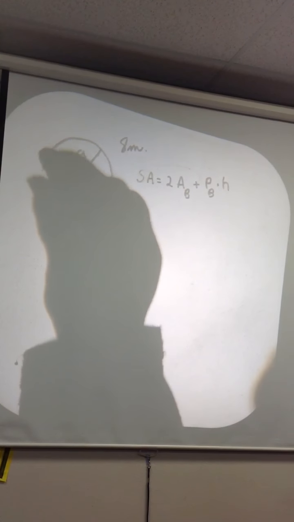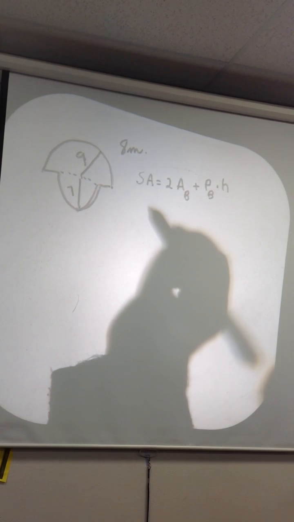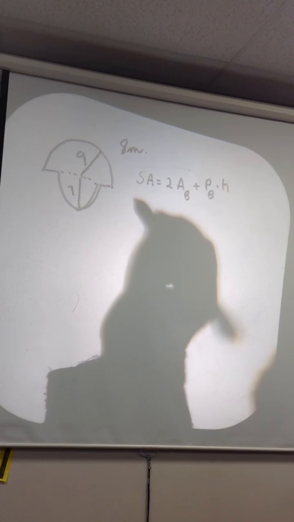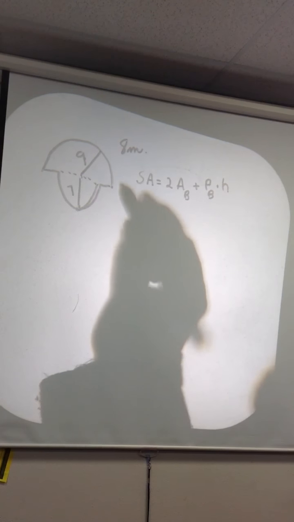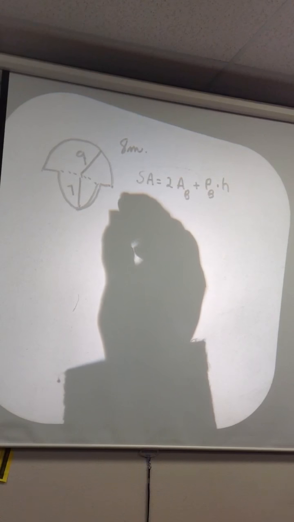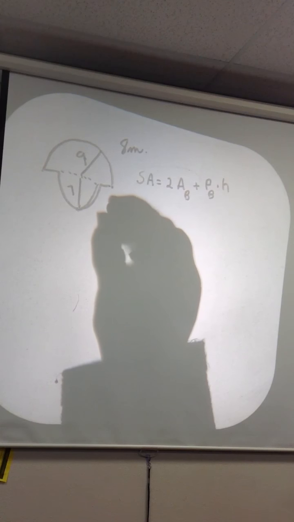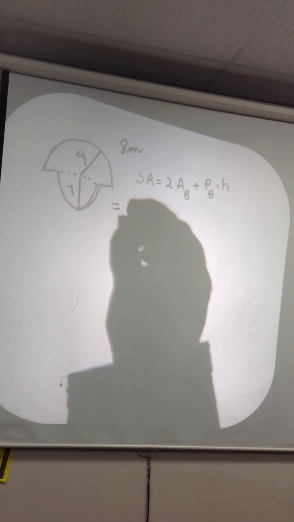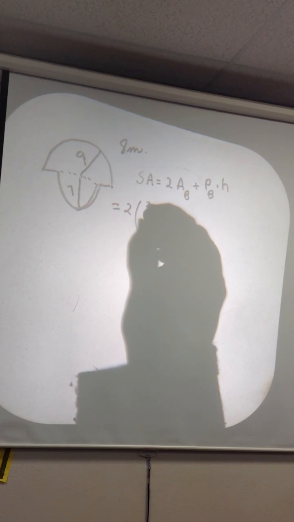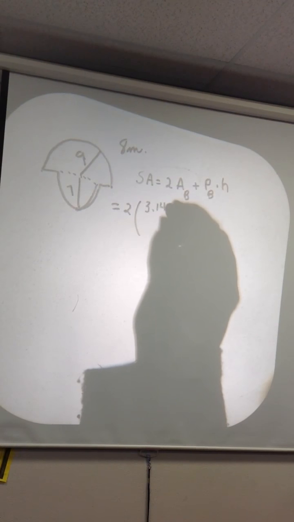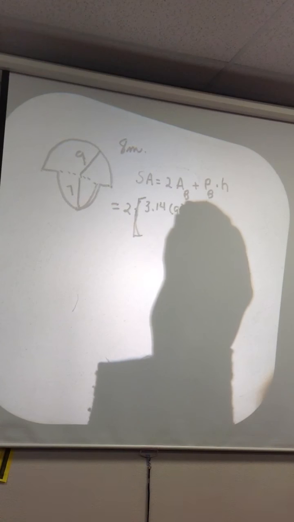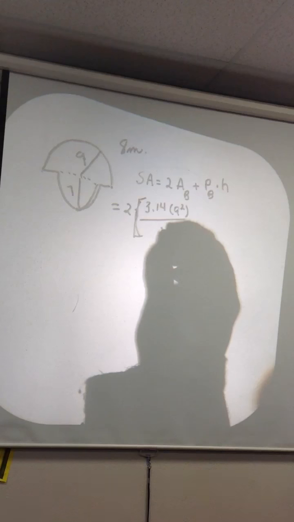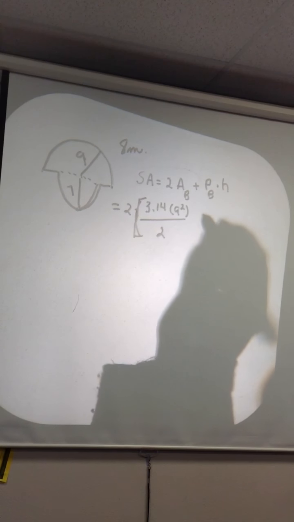How can we find the area of this thing? What do you think? Ellen? 3.14 times 9 squared divided by 2. Okay. That's part of it, right? The surface area is going to equal 2 times 3.14 times 9 squared, all divided by 2, okay? What else?